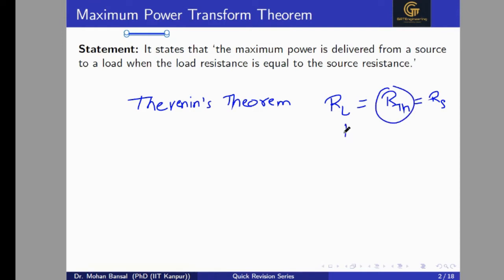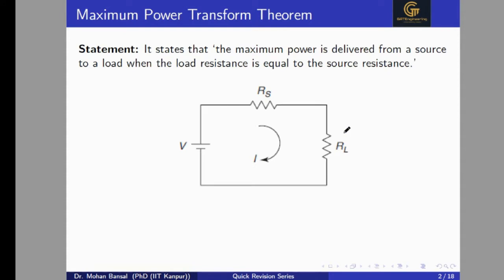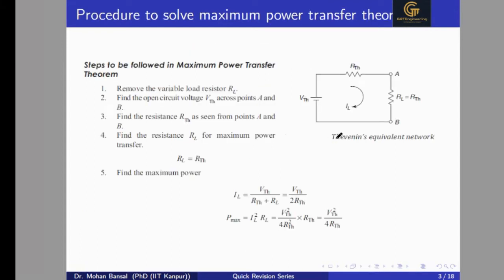So, let us understand how we can solve the problem of the maximum power transfer theorem. This value RS should be equal to RL for transferring the maximum power from the voltage source to the load resistance. And the current in this circuit will be nothing but V divided by RS plus RL. Let's see the procedure.